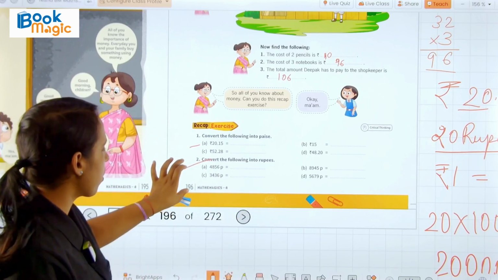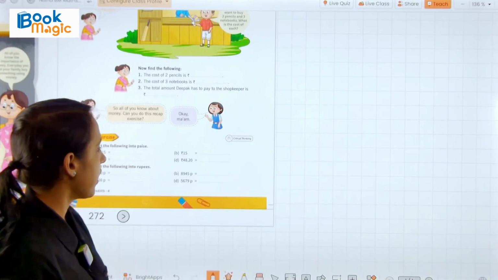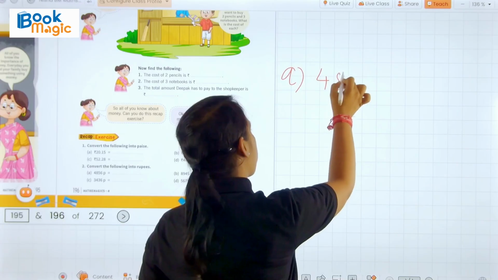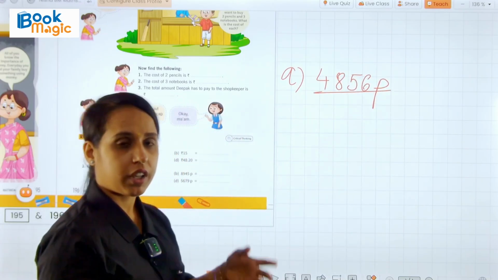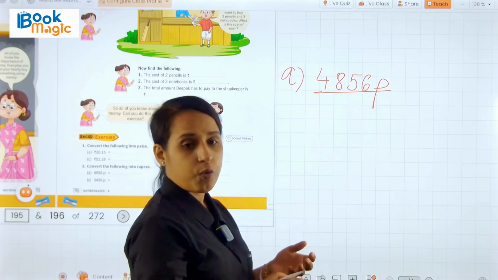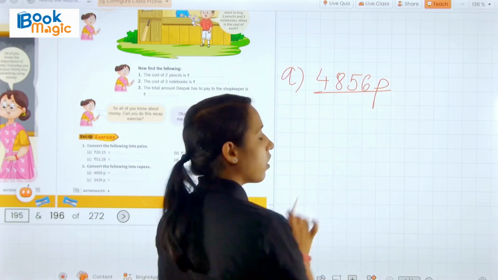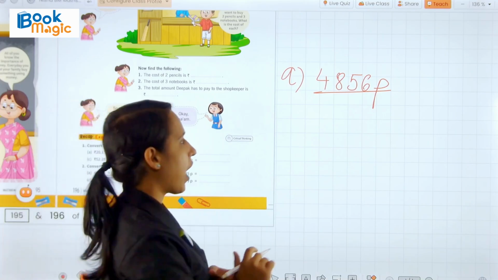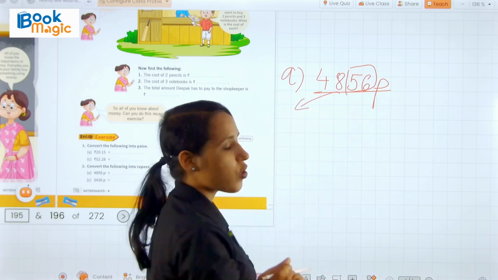Now we have to convert these paise into rupees. So let's see here. The first one is 4856 paise, and we have to convert it into rupees. For that we have two ways. First, we know that paise has two places, so this part is paise, and the rest of the part is rupees.